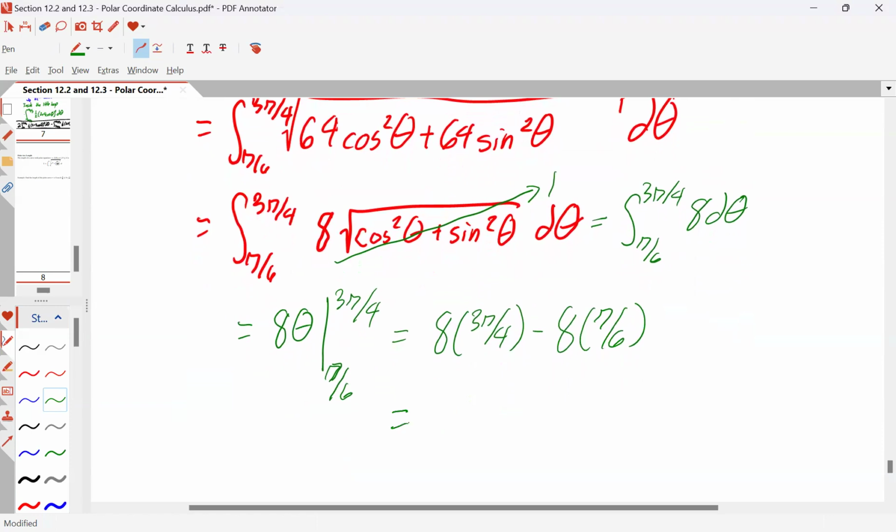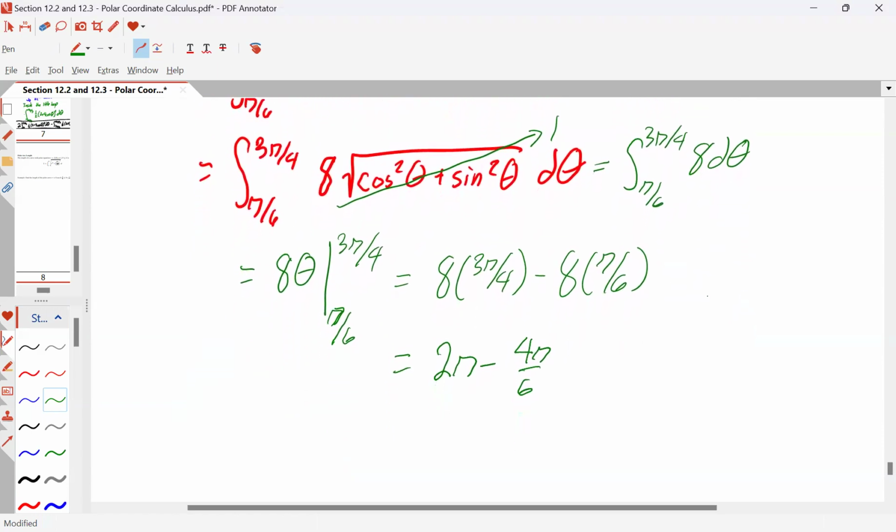Simplifying this down, we get 6 pi. We have 2 from 8 divided by 4, and 2 times 3 is 6 pi.